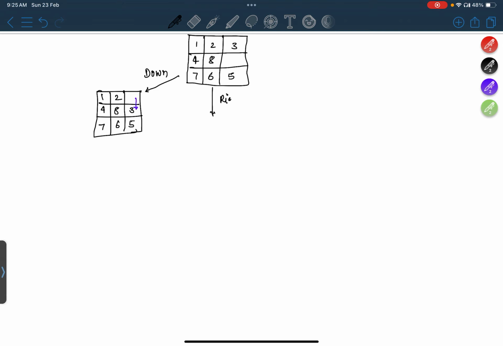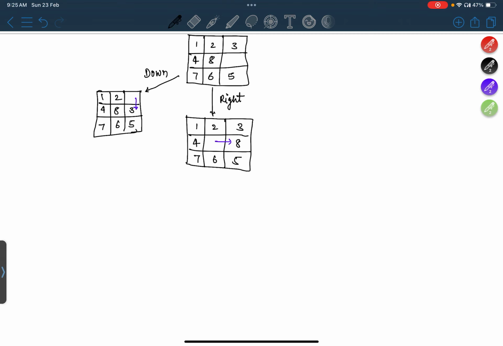If you make the other move, what successor will come? 1, 2, 3, 4, 8, 7, 6, 5. Here, 8 went here.